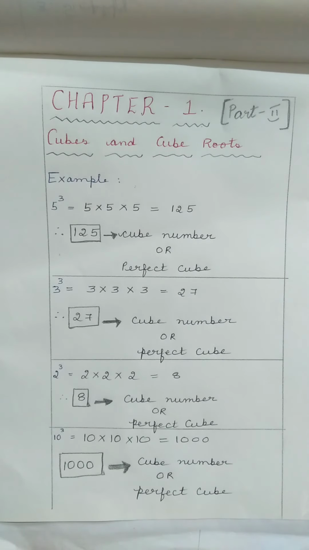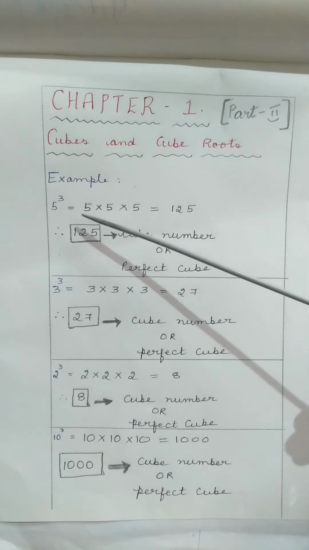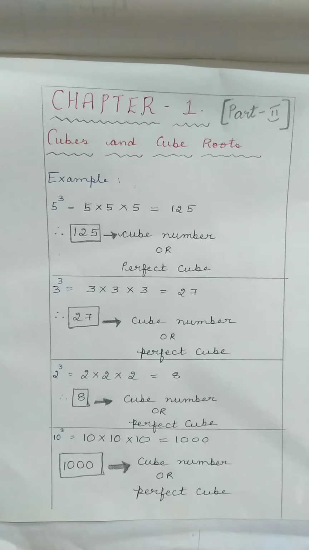So again I'll repeat, the meaning of cube numbers is that the number obtained when a number is multiplied by itself 3 times is known as a cube number or perfect cube. Therefore, 125 is a cube number or perfect cube.